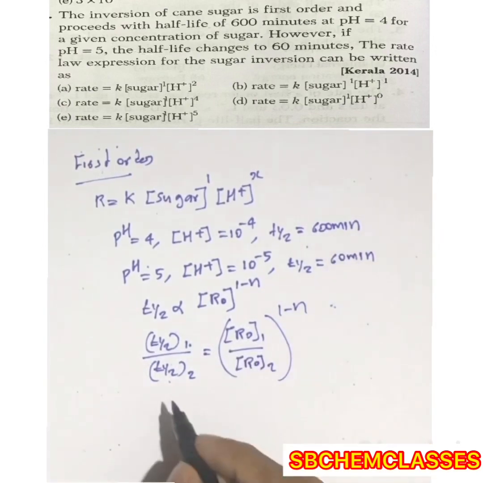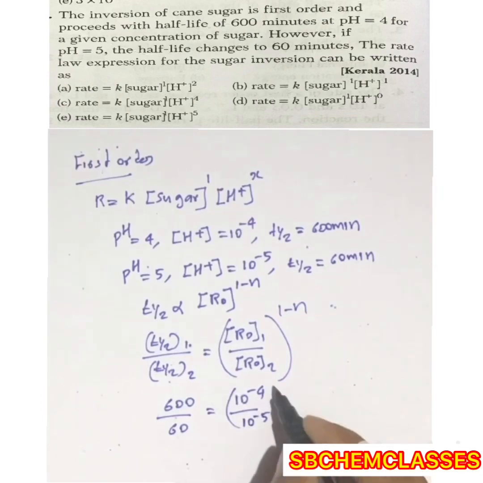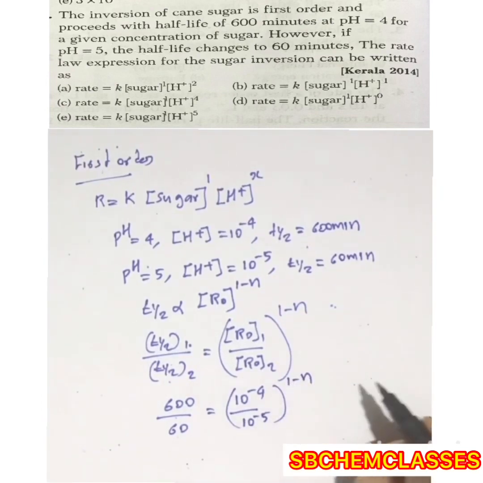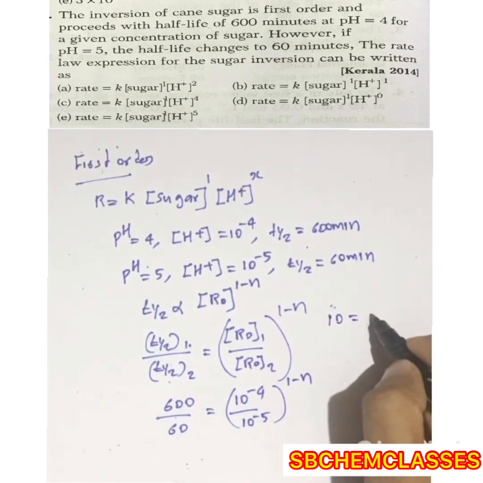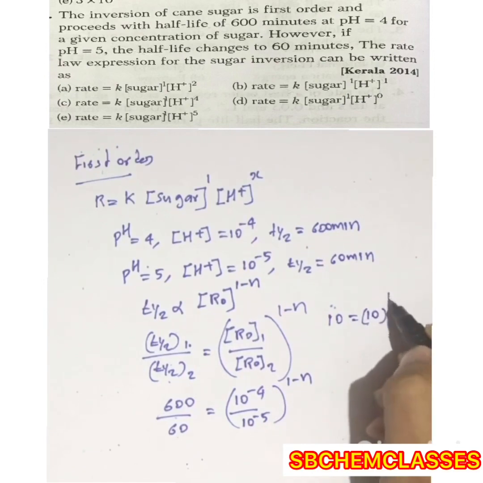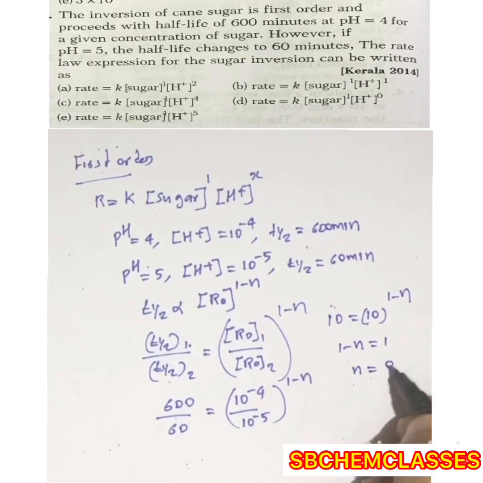T half 1 is 600, T half 2 is 60. Initial concentration is 10 raised to minus 4, final concentration is 10 raised to minus 5, all raised to 1 minus n. By calculation, 10 equal to 10 raised to 1 minus n, that is 1 minus n equal to 1, so n equal to 0.